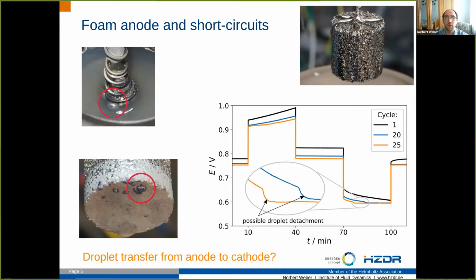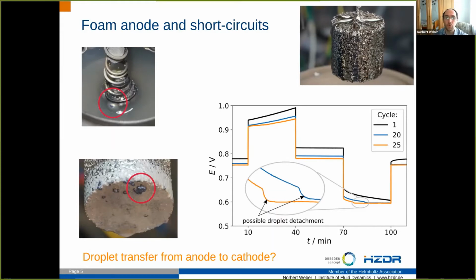What often happens there is that we do not get good wetting. The lithium does not attach to the wire, but forms bubbles, and these bubbles go inside the electrolyte. If they get too large, we might get a short circuit from this wire to the bismuth, and lithium might be transferred.